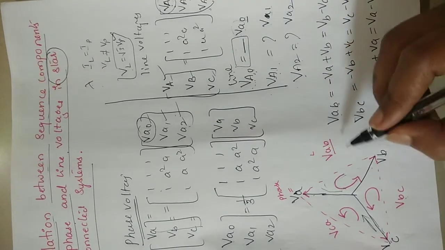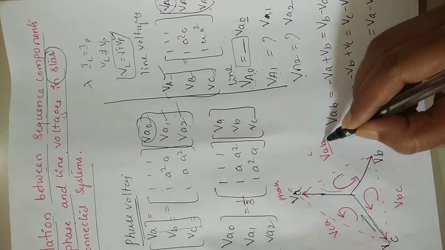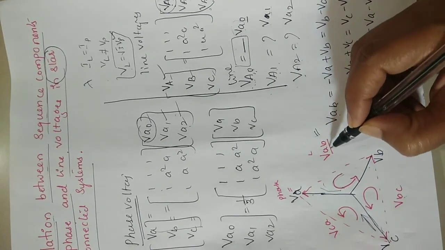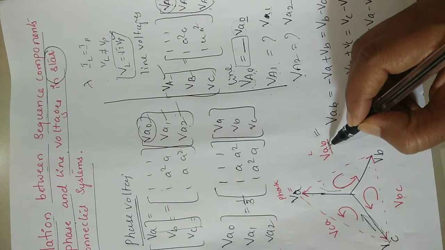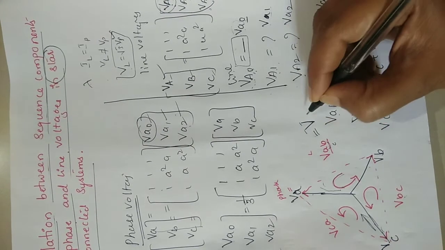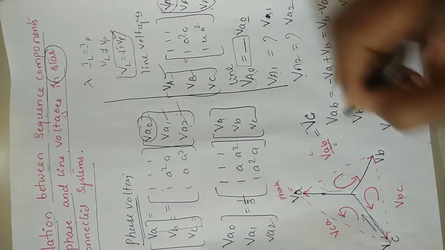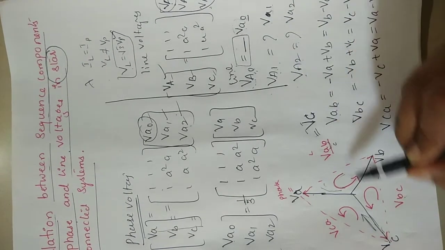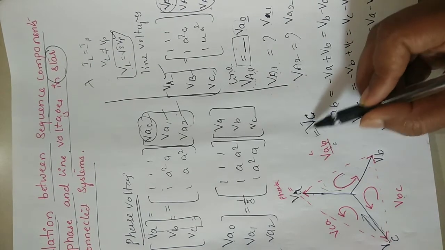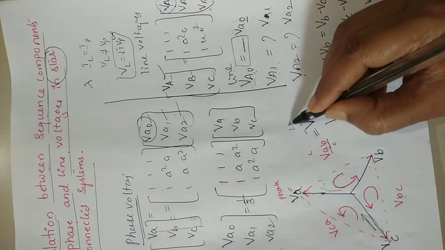Observe here, this is VAB. We represent VAB by the term that is not there, which sequence is not there: C is not there, so we represent this one as capital VC, just the opposite vertex name. So VAB is VC, a line voltage.